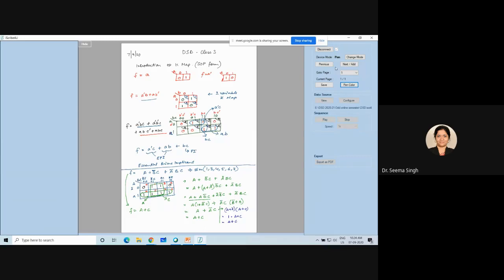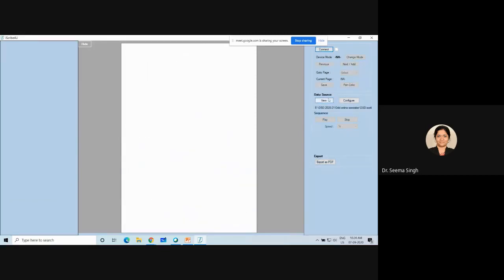Now I will try to show you the previous class thing, where we had done one table.